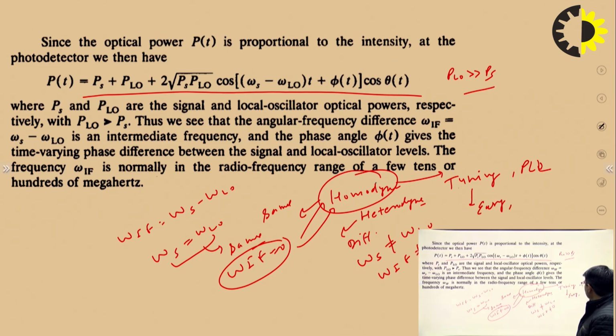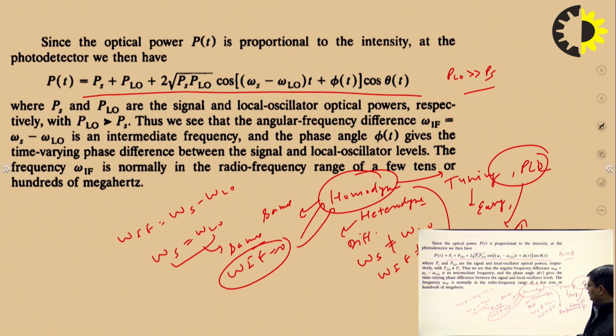We are using an additional PLL, so the cost is also high. But as the characteristics of the two signals are properly matched, the performance in the case of homodyne is better.